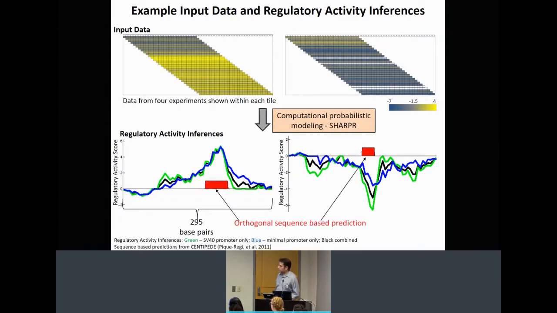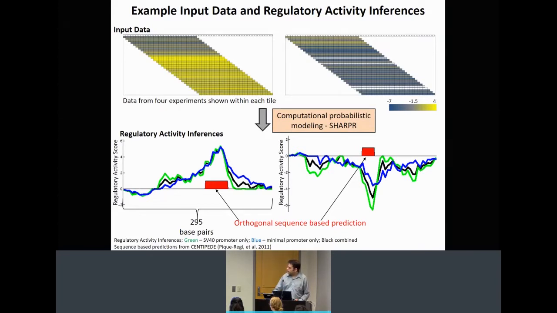And then if we compare this to predictions of regulatory sites based on DNA sequence information combined with other DNA footprinting, this was based on the method CENTIPEDE from Jonathan Pritchard's group. It makes a prediction that there's a regulatory site at those two positions in red. So you can see that it lines up nicely with our peaks of activation and repression.